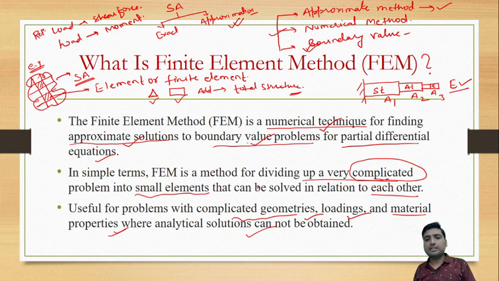Okay, you can say this is complicated material property, means this is complex material, because overall we have to analyze the total structure. This is the complete structure, we have to analyze this structure, but in this we have three different materials. So that type of material is called as composite material. So analysis of composite materials we can do by this finite element method.